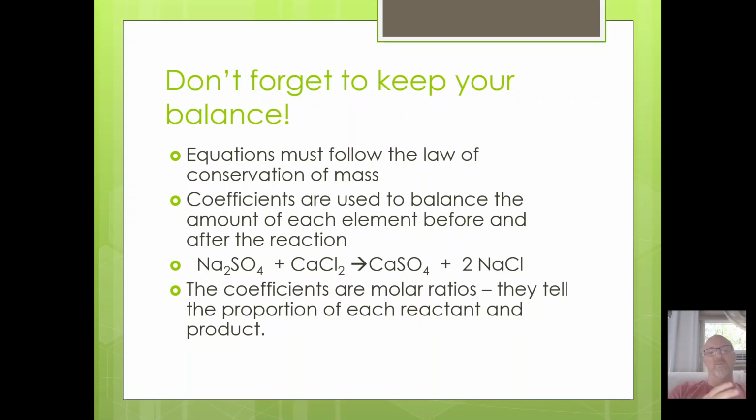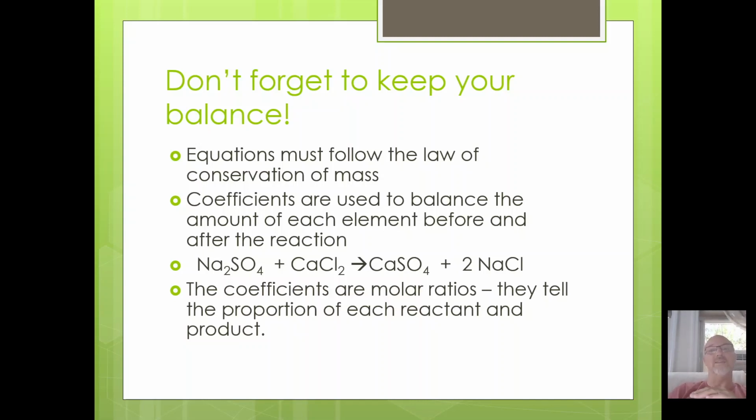Okay, so when I balance it, it's a 1, a 1, a 1, and a 2. And those numbers are ratios. I can use them now as ratios to relate any two things in that equation.